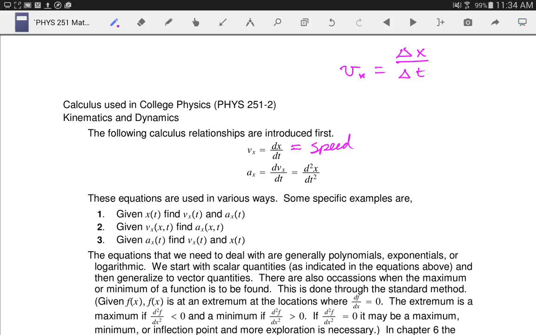They're both the change in. What is different about these is the d means an infinitesimal change, whereas the delta is a finite change.